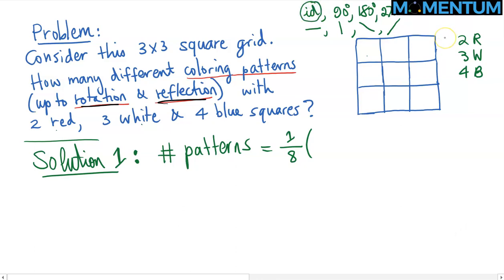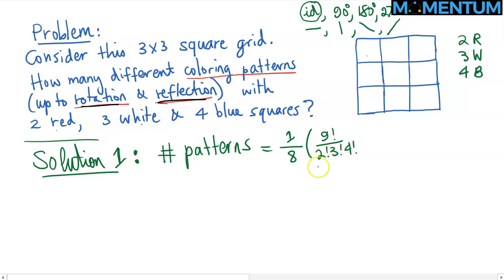How many of the colorings will remain unchanged if we apply the identity, the do-nothing operation, on this square? Well, all the colorings will remain unchanged. In total we have 9 factorial over 2 factorial times 3 factorial times 4 factorial.